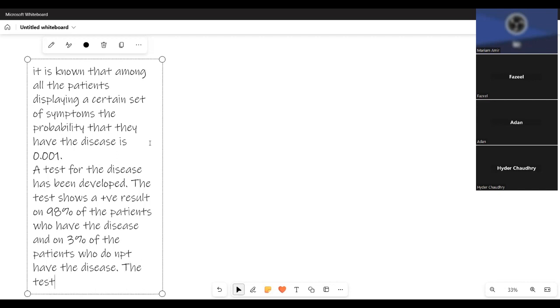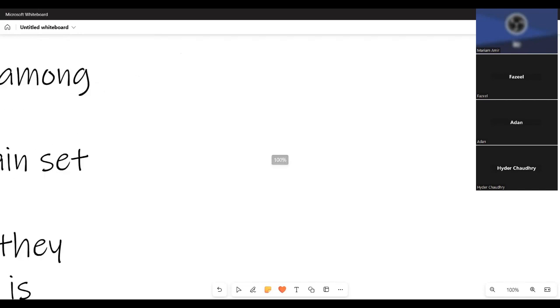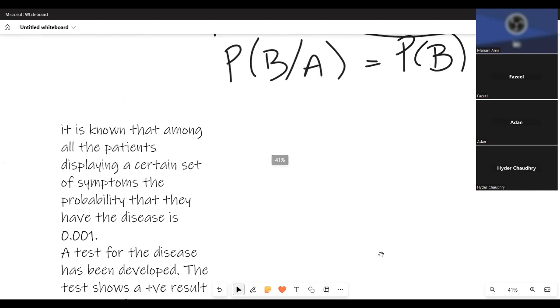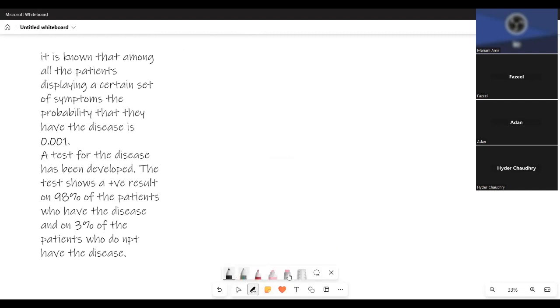The test is given to a patient. The test लिखना नहीं रहा भाई.